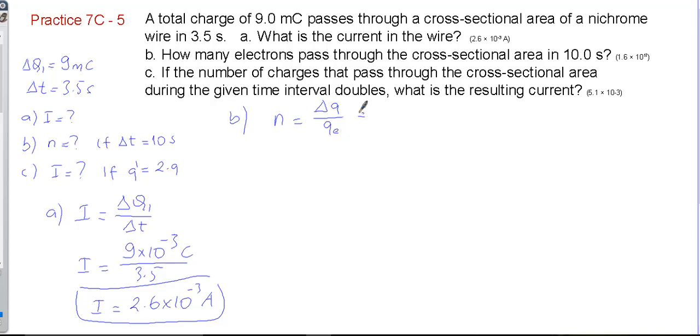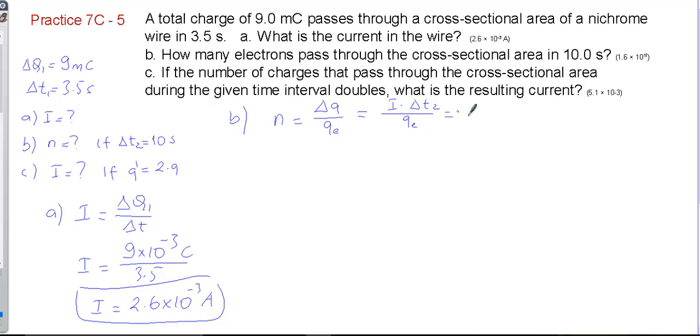How can I calculate total charge here? It is equal to I multiply delta T2. Now delta T2, this part, it says 10 seconds. It is not delta T1, 3.5 is the first time interval, and 10 seconds is the second time interval, divided by the charge of an electron, QE.